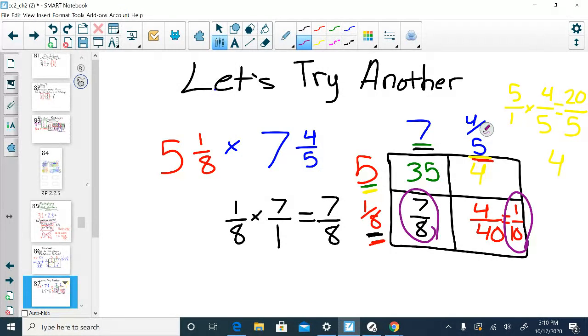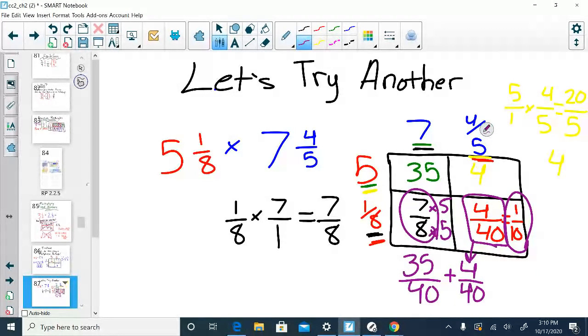And so I'm actually going to go back and keep this 4 over 40, and then I'm going to turn the 7 over 8 into, let's see, 8 times 5 would give me 40, so I have to do 7 times 5. That'll give me 35 over 40 plus my 4 over 40.